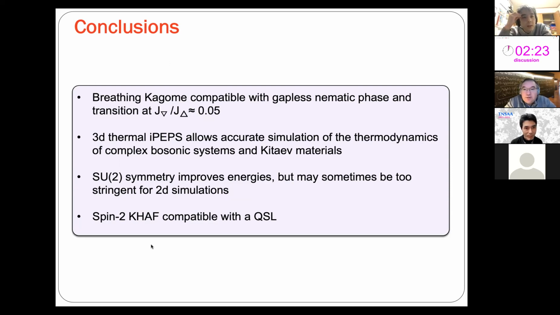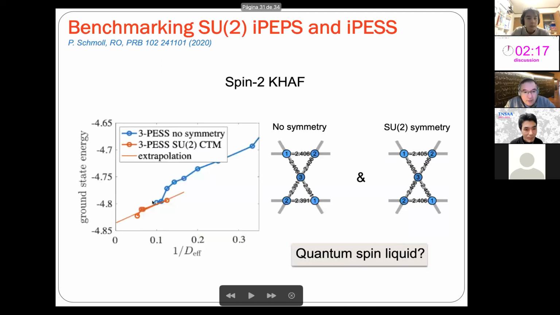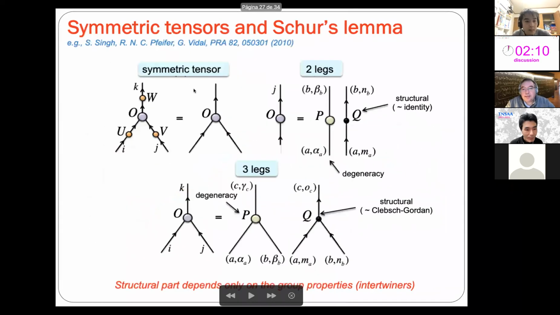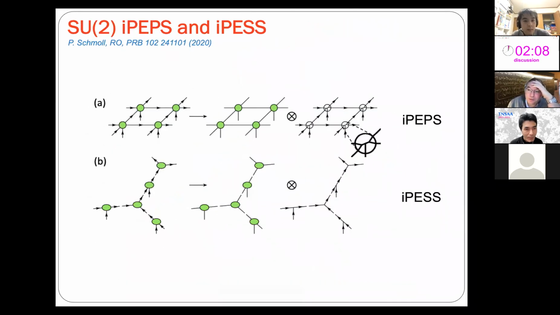That's a good point. No, it's not unique. So actually, what did I do? Let me go back one slide. We use this decomposition in terms of fusion trees, for instance.